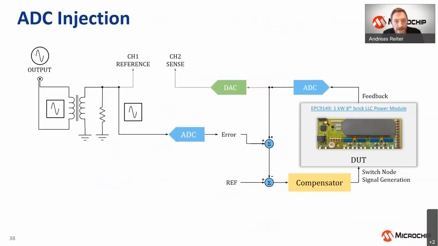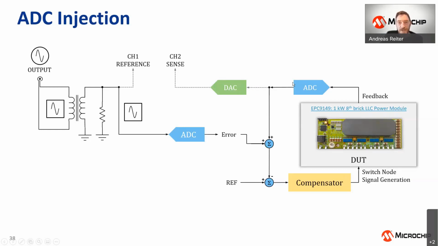Okay, so some more details about this ADC injection. The practical application looks like this. We are wiring up the output of the Bode 100 through the injection transformer. We use a resistor to turn it into an AC voltage, and that AC voltage is applied to an ADC input. Then internally, we read the feedback from the ADC, and whatever we see is directly copied over onto the DAC and pushed out to the sense output.